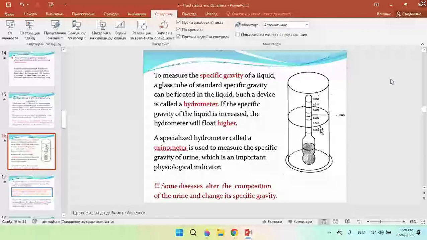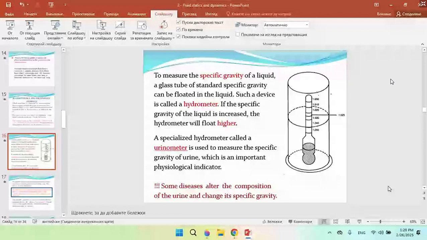Since the composition of the biological fluid determines density, under specific conditions, for example in the case of urine, some diseases alter that composition, density changes, and the Archimedes force, consequently the position of the body with respect to the free surface, would change.